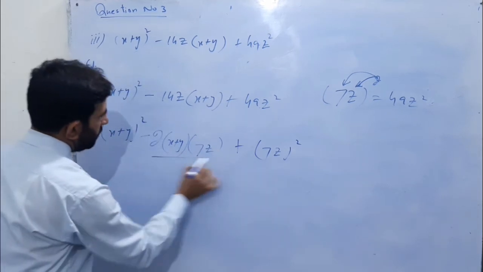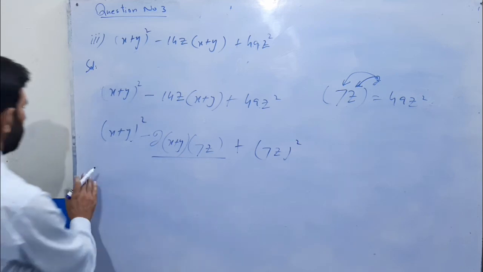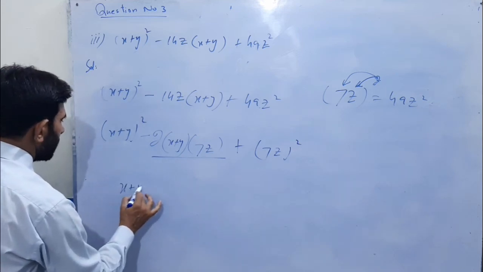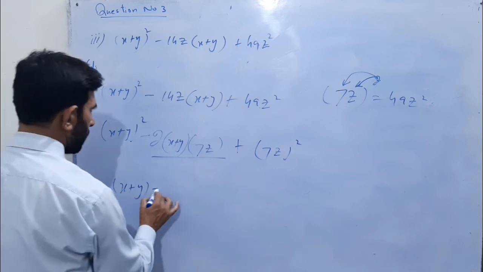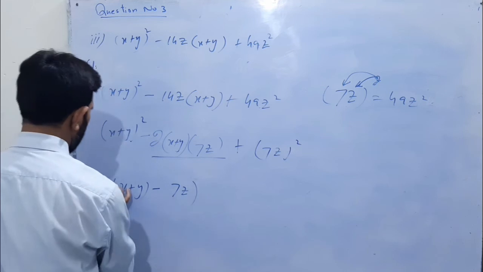Just multiply these three numbers. 2 times 7, it becomes 14z inside x plus y. So both the conditions have been fulfilled. It will be written as x plus y, the first element, then minus sign, then 7z whole square.